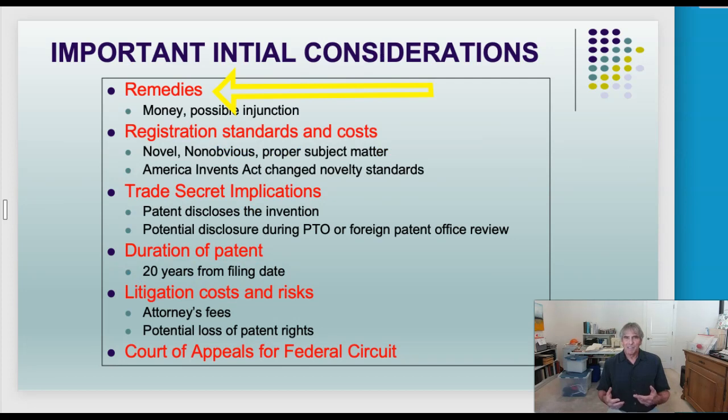Next on my list here regards remedies for patent infringement, which are potentially significant. As you might expect, you could be able to get lots of money for the damages you incur because of the infringement. And this can be determined by any method that makes sense. Like, how many fewer units did I sell because you unlawfully made something similar?